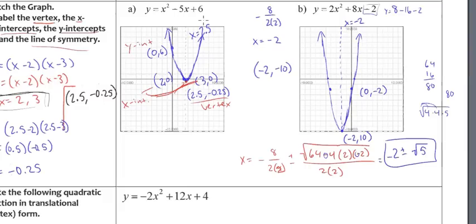And x equals 2.5 is our axis of symmetry. Over here, x equals negative 2 is our axis of symmetry. 0, negative 2 is our y-intercept.